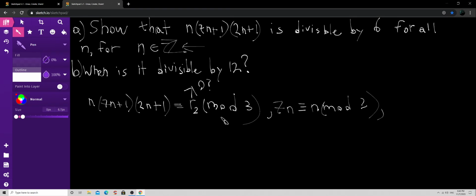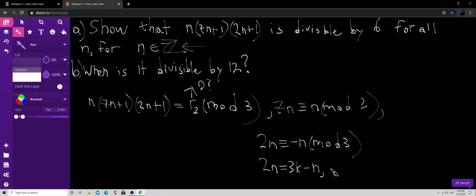Let me just be more clear about that. So 2n is congruent to, well, this is our statement, minus n mod 3. So that implies that 2n equals some constant times 3 minus n.